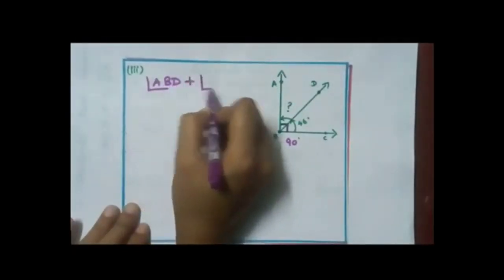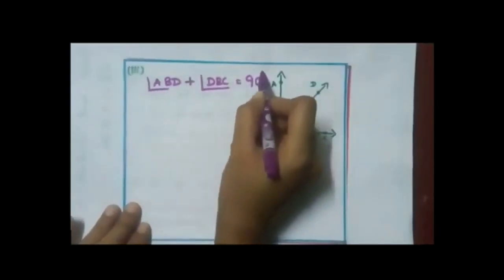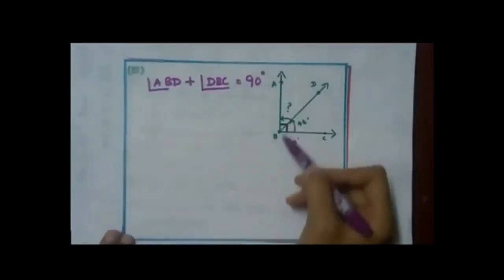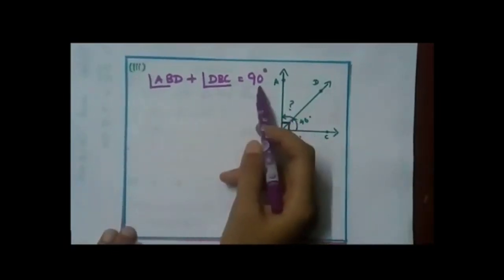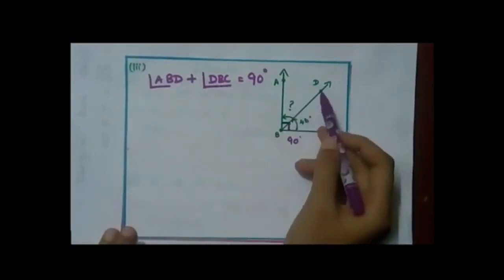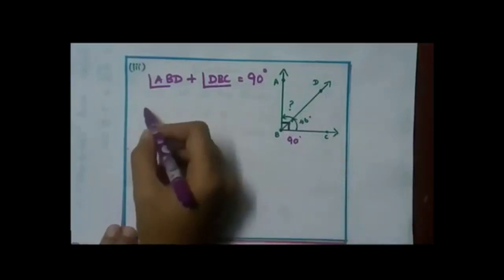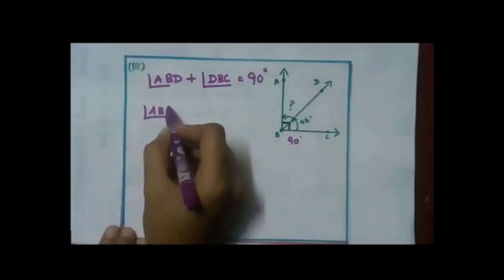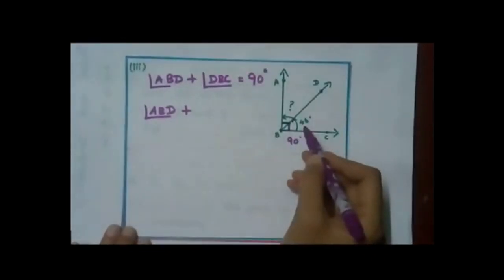But angle ABD plus angle DBC will add up to 90 degree because this is a right angle. So this angle and this angle will add up to 90 degree. Here one angle is given. Angle DBC is nothing but 46 degree. So write this ABD as it is plus angle DBC is 46 degree.